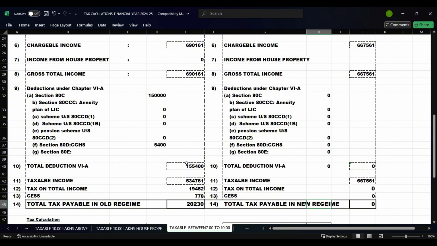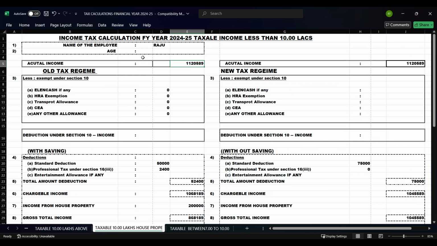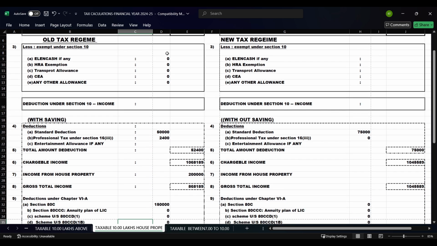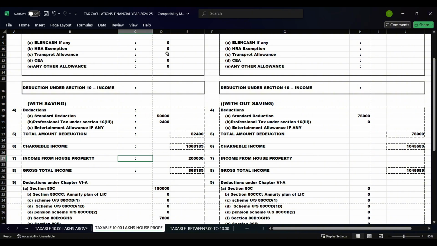Same thing if the income is more than 7 lakhs. We'll see here. I have taken the same Raju, age 45. The income I have taken is 11 lakhs 20,589 in the old tax regime. 50,000 deduction, 2,400 same as before. With house property, I have taken a deduction of 2 lakhs for house property.